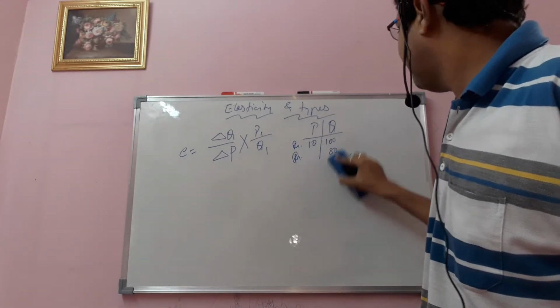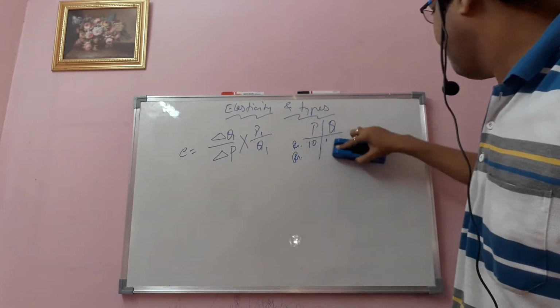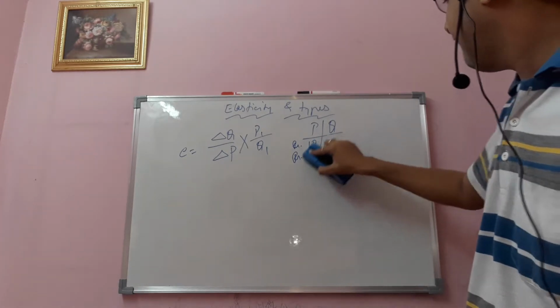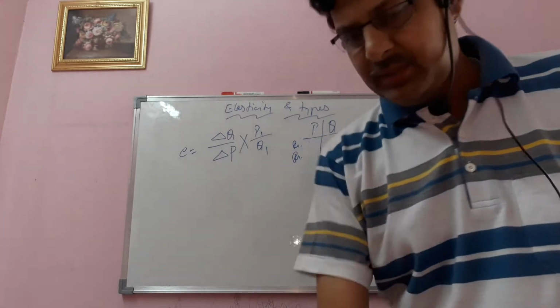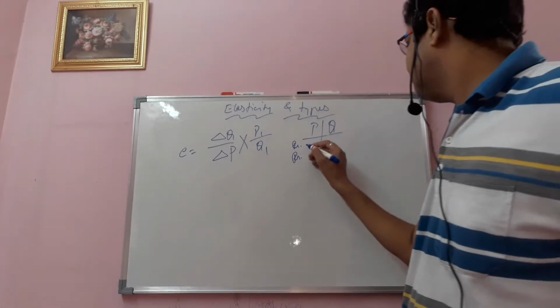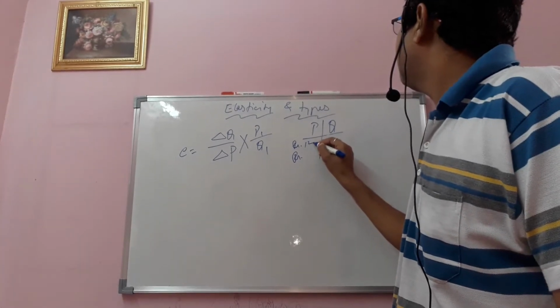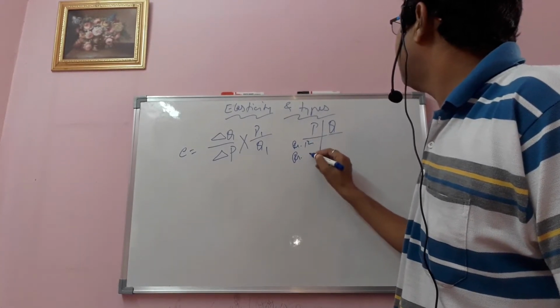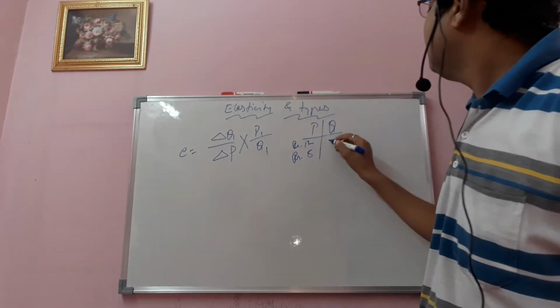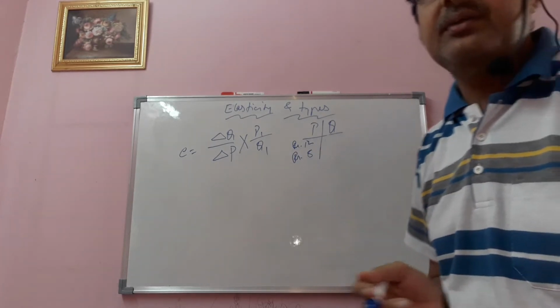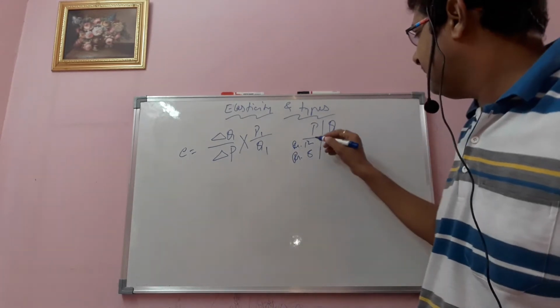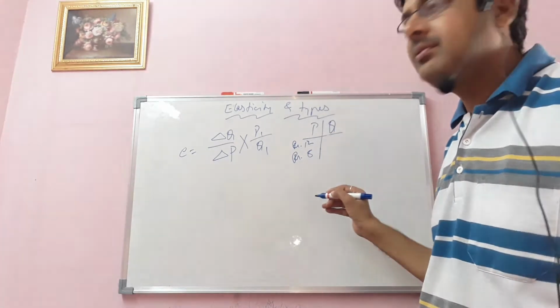Suppose the price falls, say from 12 to 8 rupees. What should correspondingly happen to the quantity? There is a fall in price, so the quantity demanded should rise.